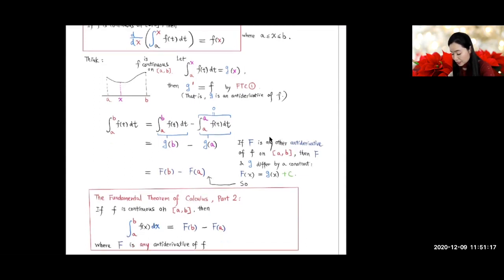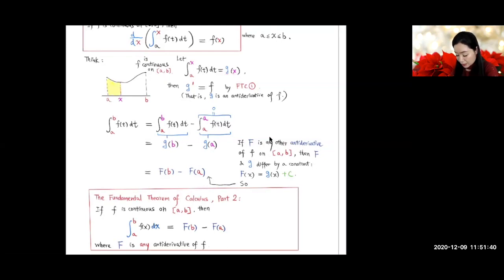Remember this integral of the function f: when you integrate that function from a to x, you get a new function g of x, and we think about it as the area under the curve from a to x. That was the area so far function. So that's g of x.